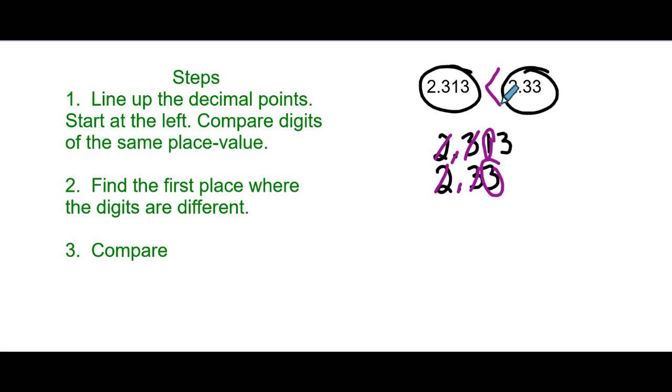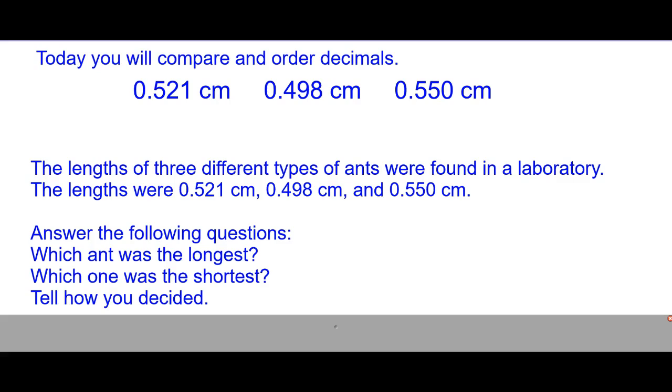Okay, so I want to go back and do one more problem, and this is the ant problem that I had here right at the beginning. So I have 3 ants. One of them is 521,000 centimeters, the other one is 498,000 centimeters, and the last one is 550,000 centimeters. Okay, so what I want to know is which ant was the longest, which ant was the shortest.